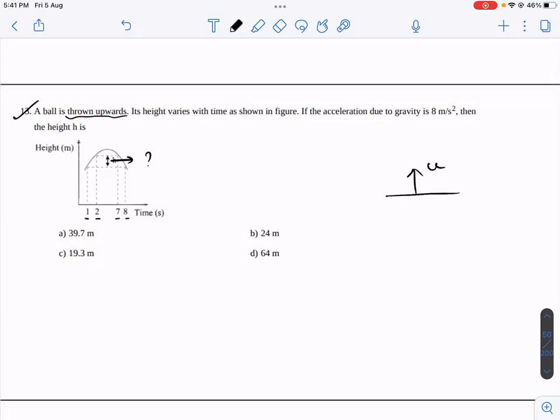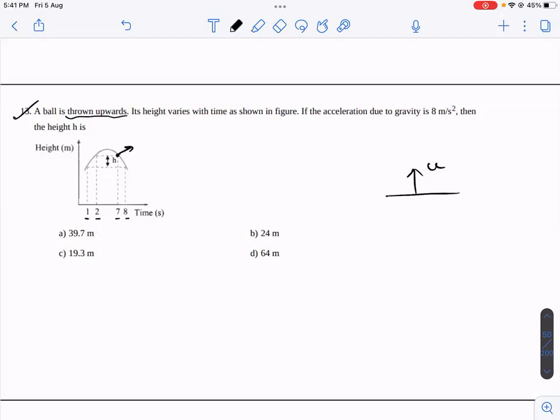Yes, you have this 1 to 8, 7 and 8 seconds. So what will this height correspond to? What does this value represent? The point which I marked.